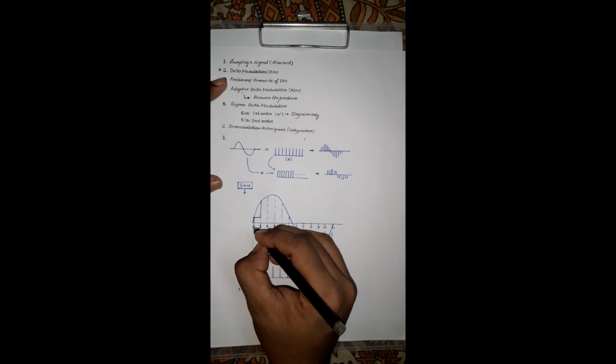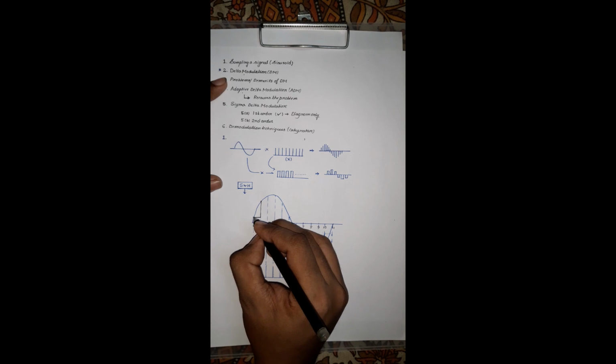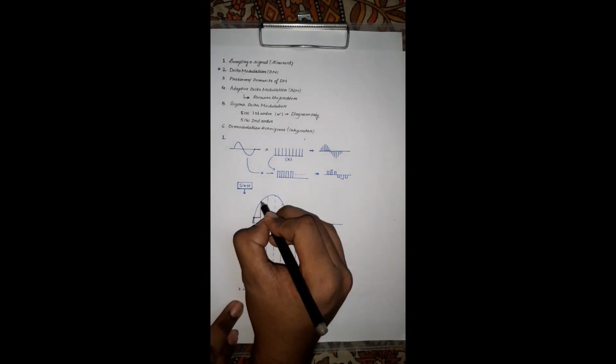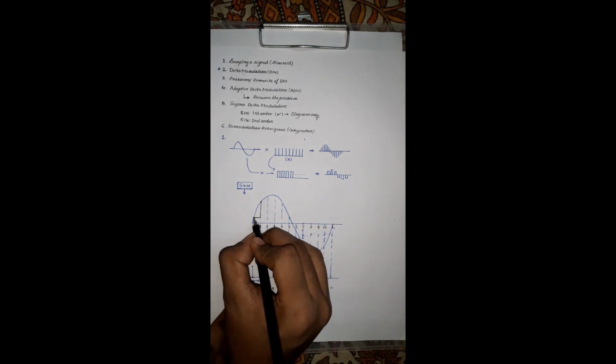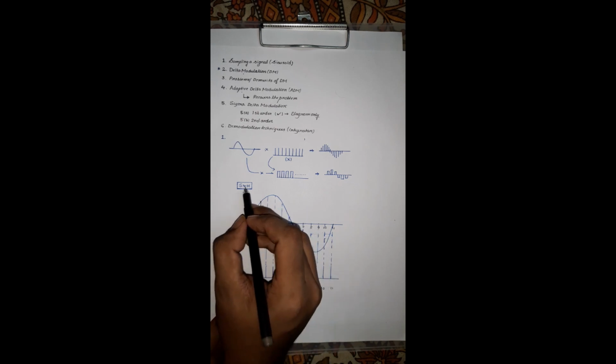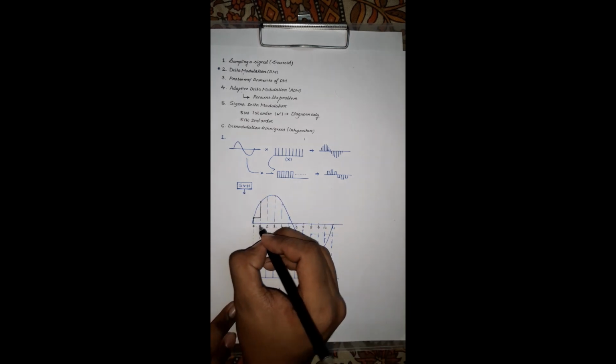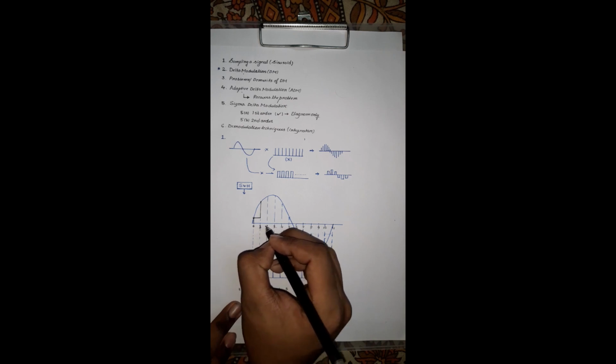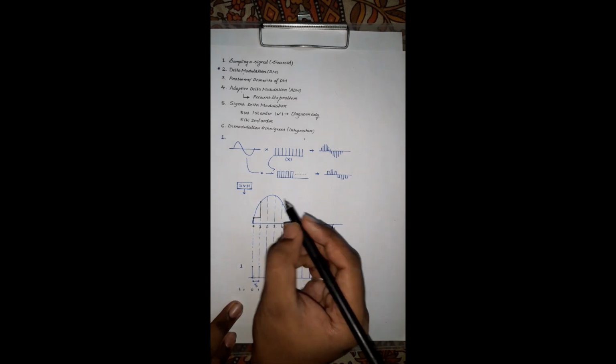At first, at t equal to 0, this sampled magnitude has been taken, and at t equal to 1, this sample magnitude has been taken. In between these two sampling instances, the value of the previous sample will be held by the sample and hold circuit until the next sample has been taken.